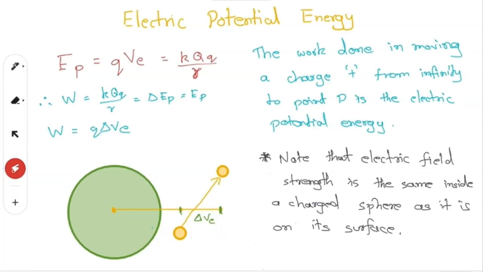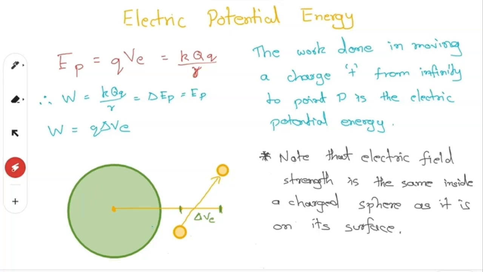And then work done would just be Q times this change in electric potential. But I could also move the charge like this and then bring it here. And you would still get the same amount of work done, because at the end of the day, your change in electric potential is going to be the same.